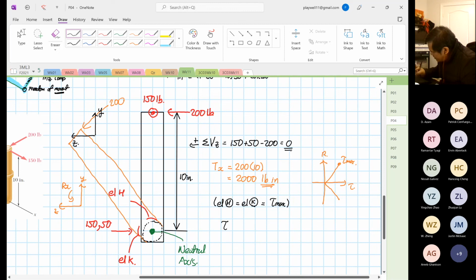Why? Because your tau max is equal to TR over J, right? So the radius, the R radius for element H and element K are the same.